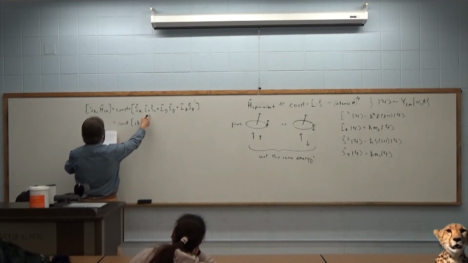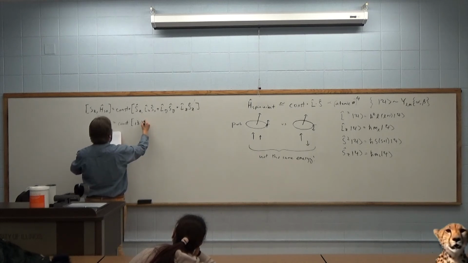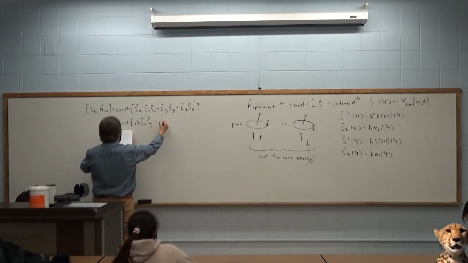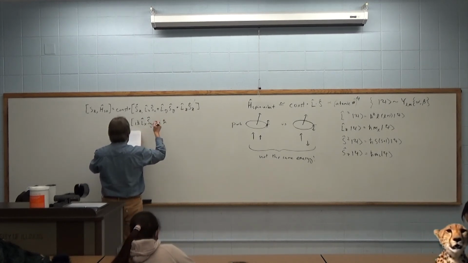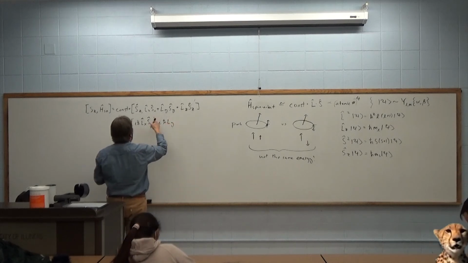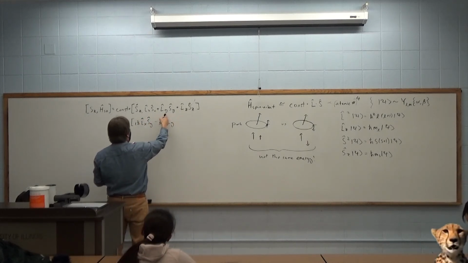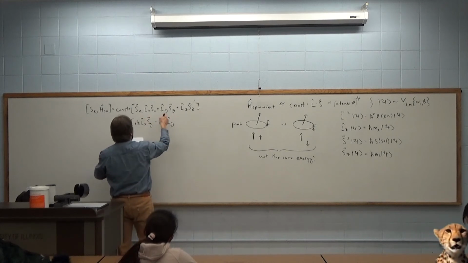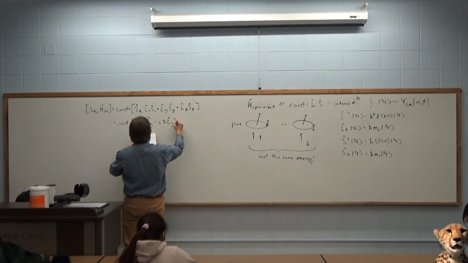Oh yeah. Okay. So SZ and SX is i h bar SY. Okay. I got a little confused there. Sorry about that. So again, I hope you can see why I'm doing this. Because with SZ and SY, LY is just not important because it doesn't span the same space. So SZ, SY is i h bar SX.